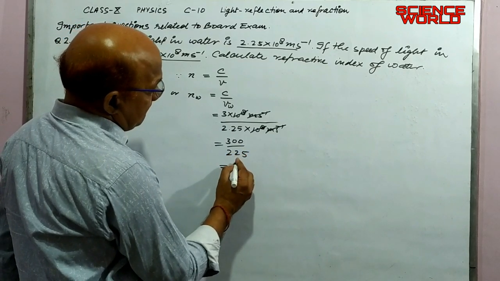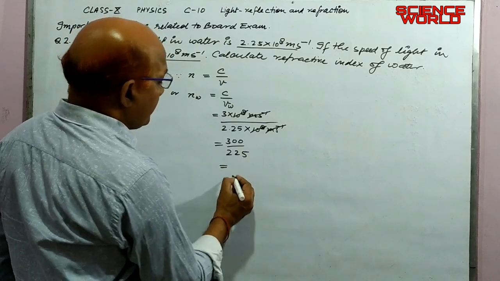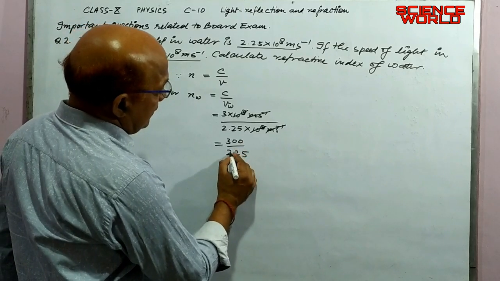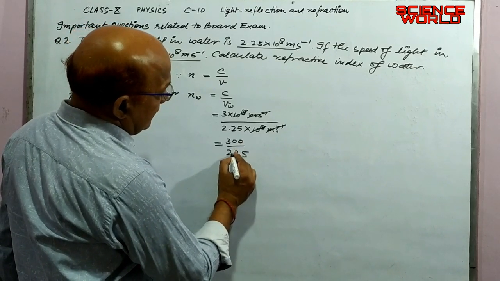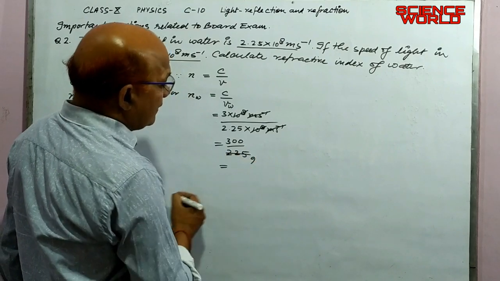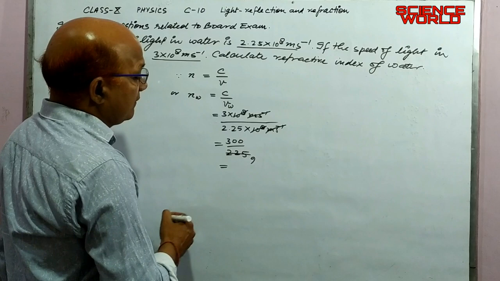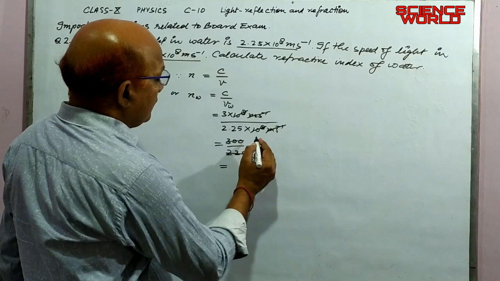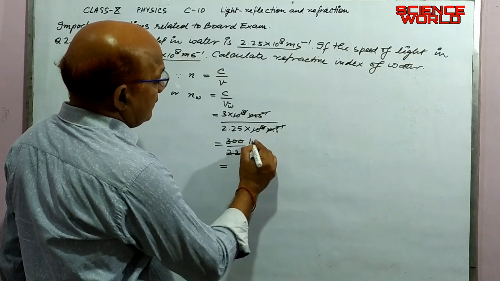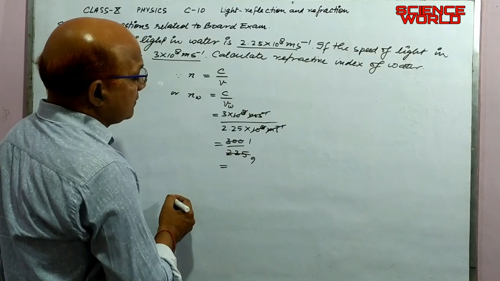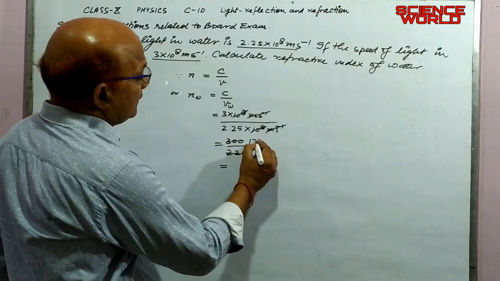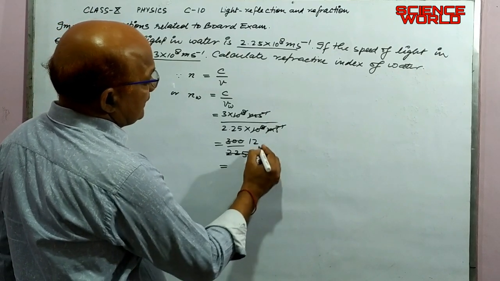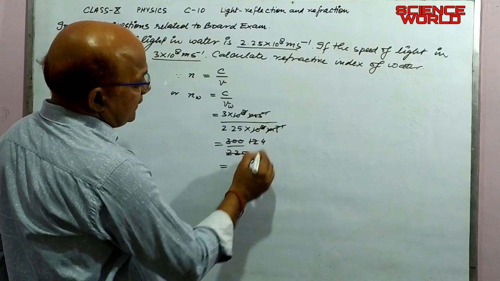This is, you can write, 25 nines are 225, and this is 25 ones are 25, 25 twos are 50, this is 2. 12 by 9, it is 3 threes are 9, 3 fours are 12. It is 4 by 3.